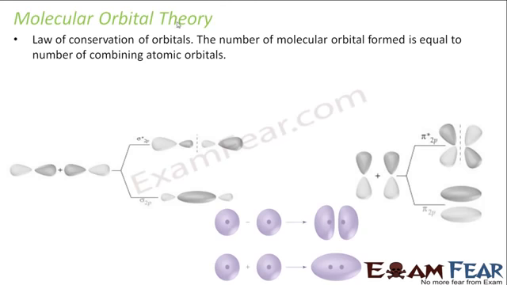As I told, the law of conservation of orbitals is followed here also. The number of molecular orbitals formed is equal to the number of combining atomic orbitals. For example, if you see, these are two atomic orbitals, right?